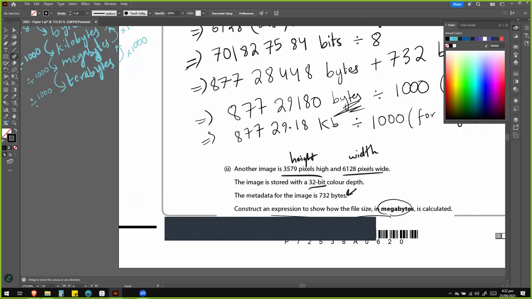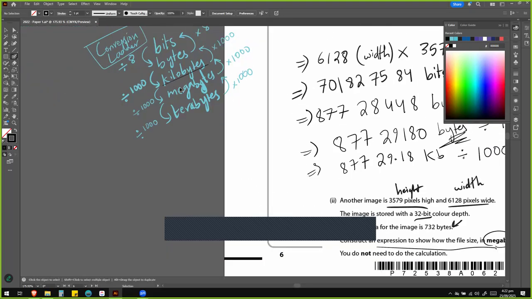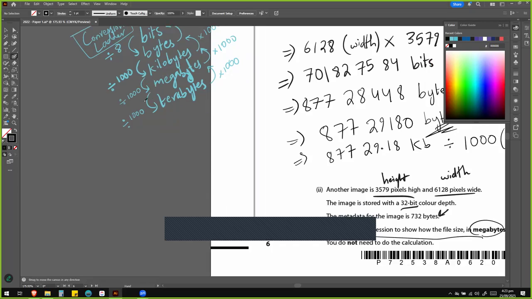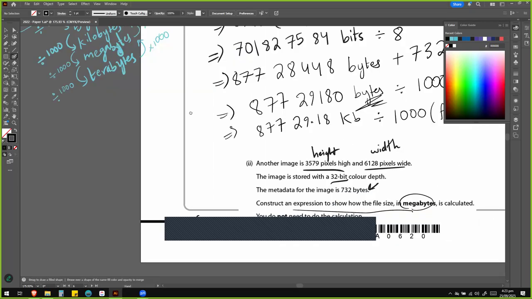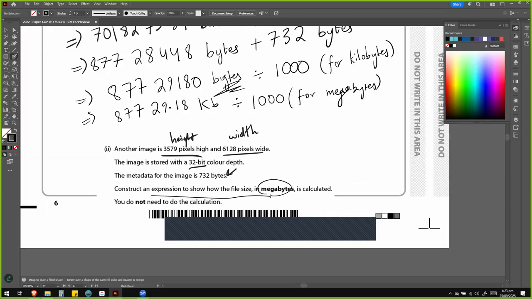You can see right here, we are currently on kilobytes now. We have the answer for kilobytes. Now we want to go to megabytes, so we will divide it by 1,000 once more. Okay, so divide by 1,000.